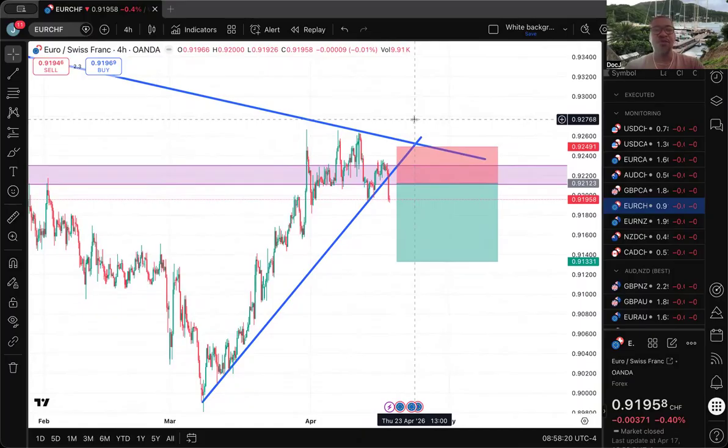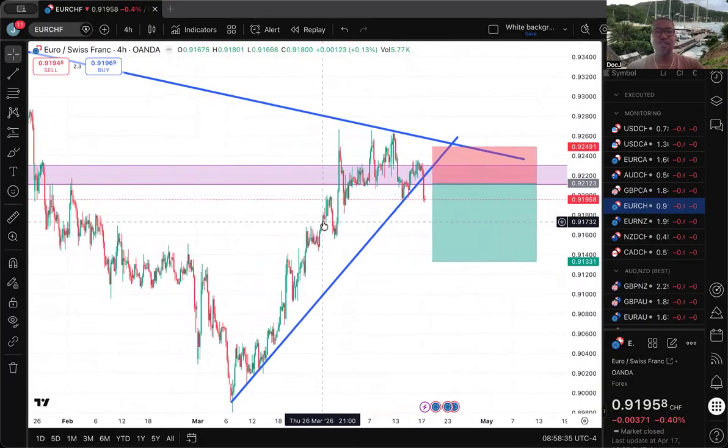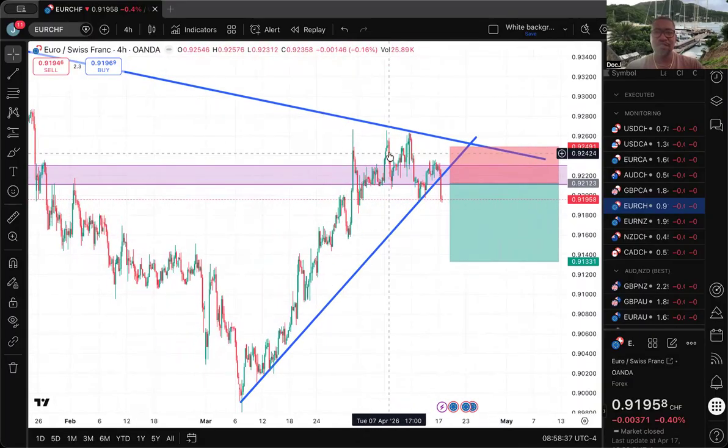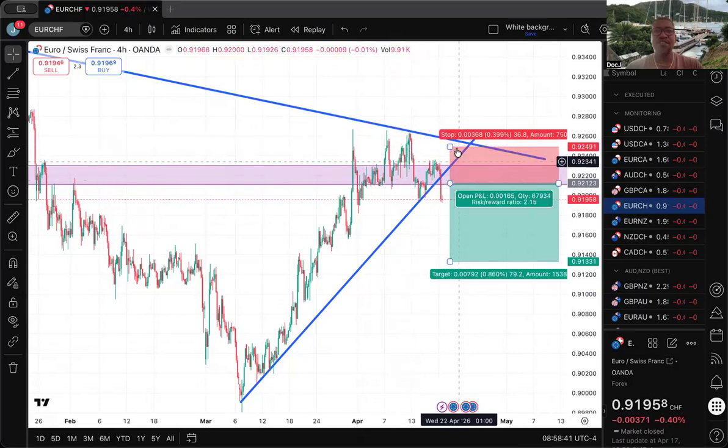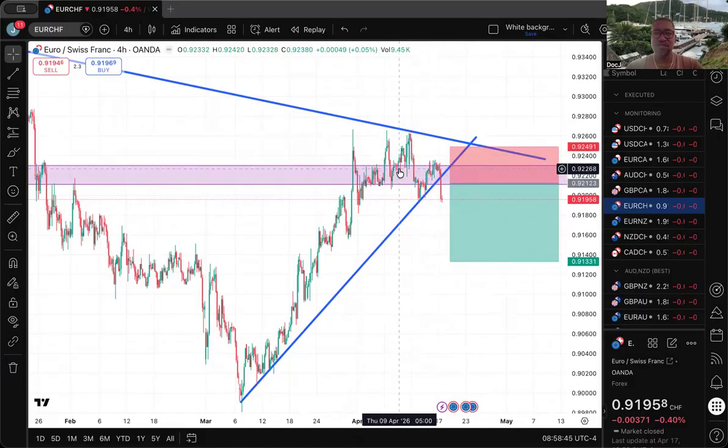Then I want to see what price is doing. Is price bullish? Is price bearish? And what is the probability that it will continue in that direction versus changing direction? So let's take this for instance. This price was bullish. It's in an area where there's a trend line and there's an area of interest.